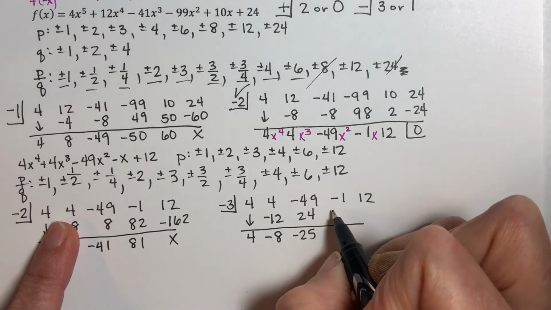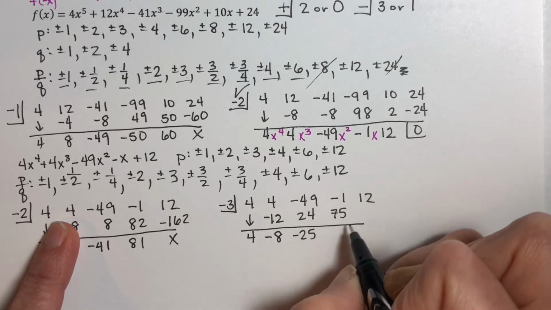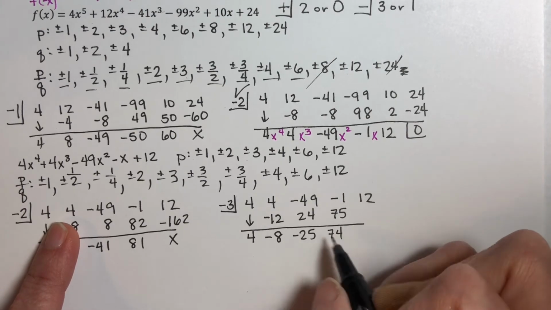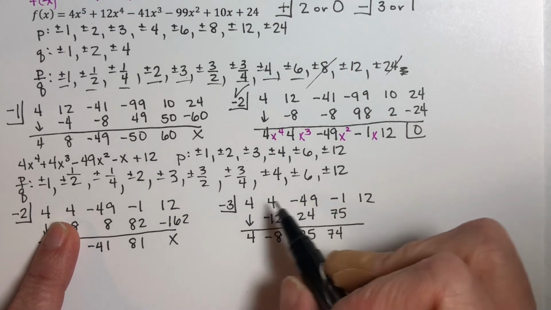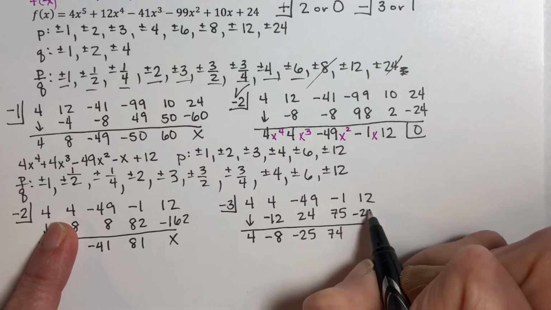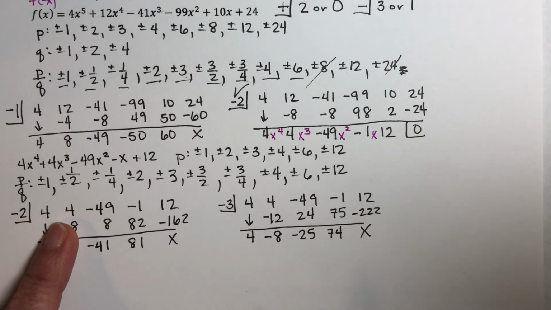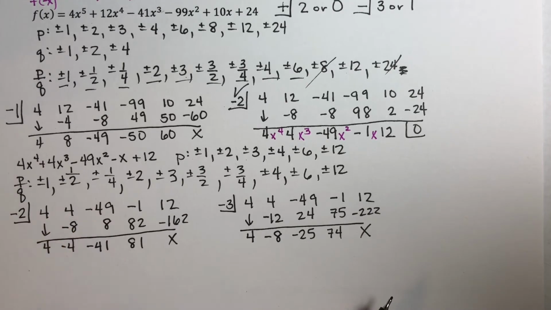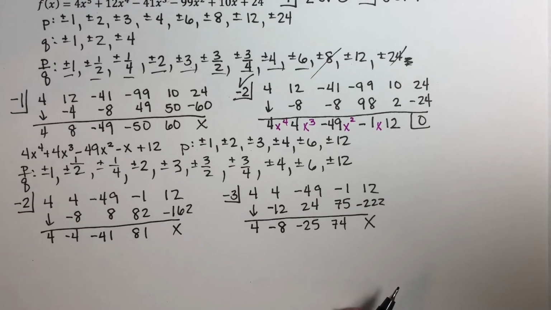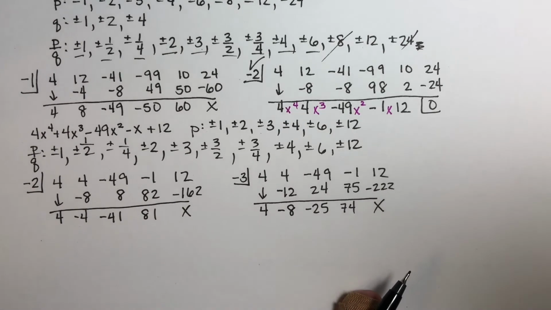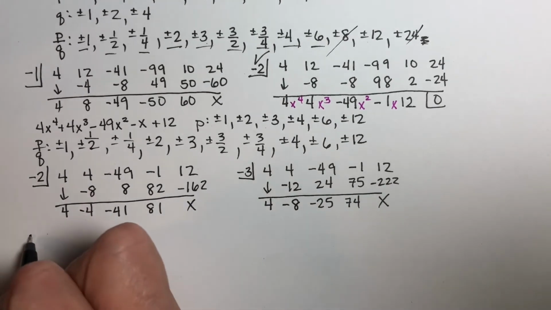Multiply 75. Add 74. We do not have alternating signs here, so that doesn't eliminate anything for us. Multiply, and you get -222, which is not a 0. So -3 did not work either. Okay. I'm just checking my integers. I'm avoiding the fractions because we all like to avoid fractions, right? So I'm going to check -4.